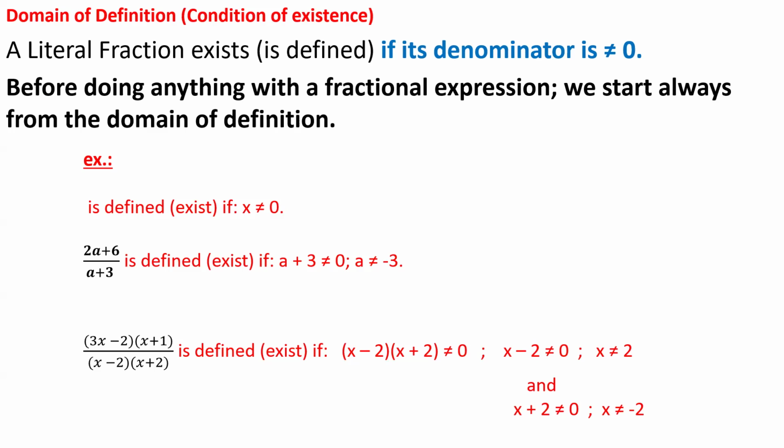This does not exist in math. So for any fraction to exist in math, the denominator is different from 0. So a fractional expression exists or is defined if its denominator is different from 0. Never forget this. So before doing anything with a fractional expression, we always start from the domain of definition.